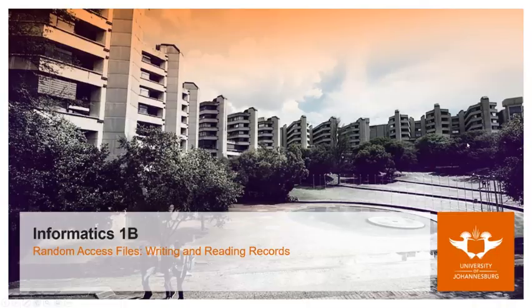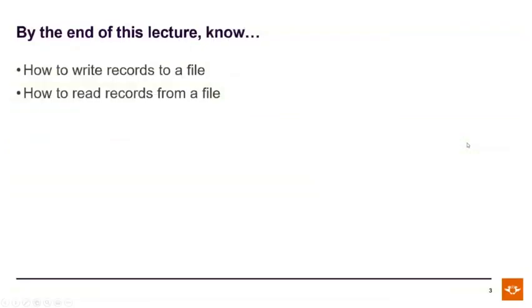So first things first, let's look at what we're going to do. The first thing we're going to do is look at how to write to a random access file and how to read from a random access file. Now, when we talk about random access files, remember, things are stored in random locations, or we say random locations, but they're stored in specific locations, and a part of the data set is used to determine where they're going to be stored.